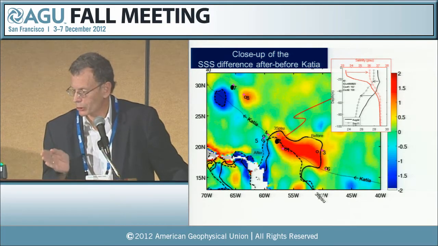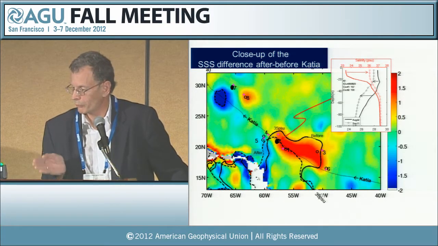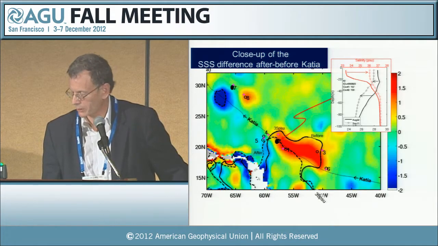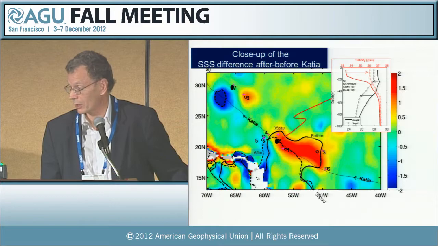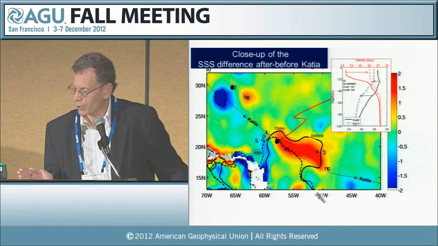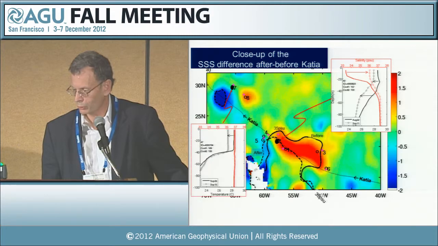And so these are the two profiles very near each other within the plume before and after the passage of Katia, and as you just saw in Jacques Lewin's presentation, there's a dramatic increase in salinity near surface and a relatively weak decrease in temperature when you're actually inside the plume. We can contrast the situation to what happens when you're outside the plume.